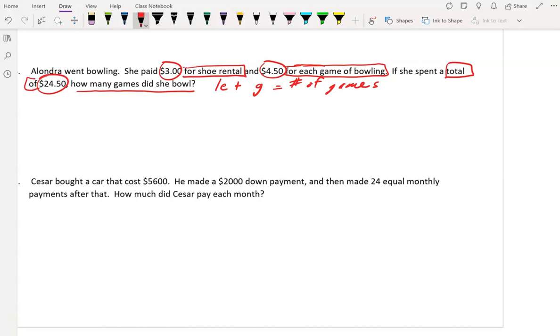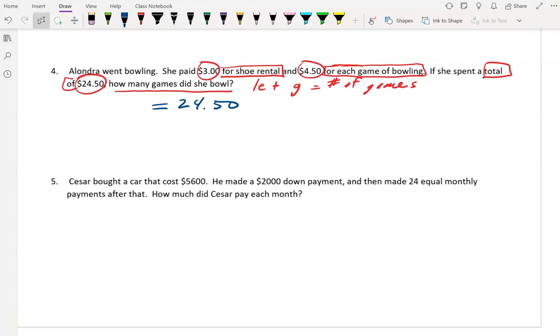And if you remember, when we write the equation, we're going to put the total on one side of the equal sign, and the total in this case was $24.50. And on the other side, we put how that total is arrived at.